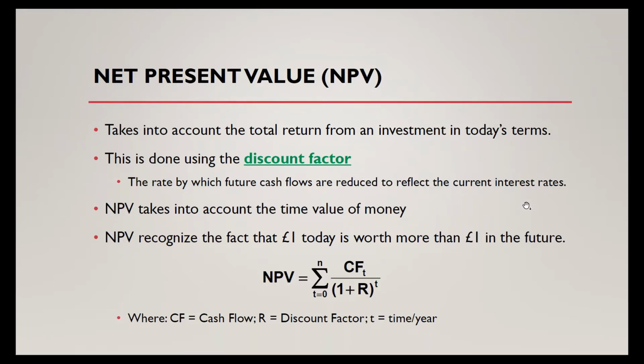In order to calculate the NPV, the formula is NPV, net present value, equals the sum of everything for the future: CF, which represents cash flow, divided by 1 plus r, where r represents the discount factor or the interest rate.